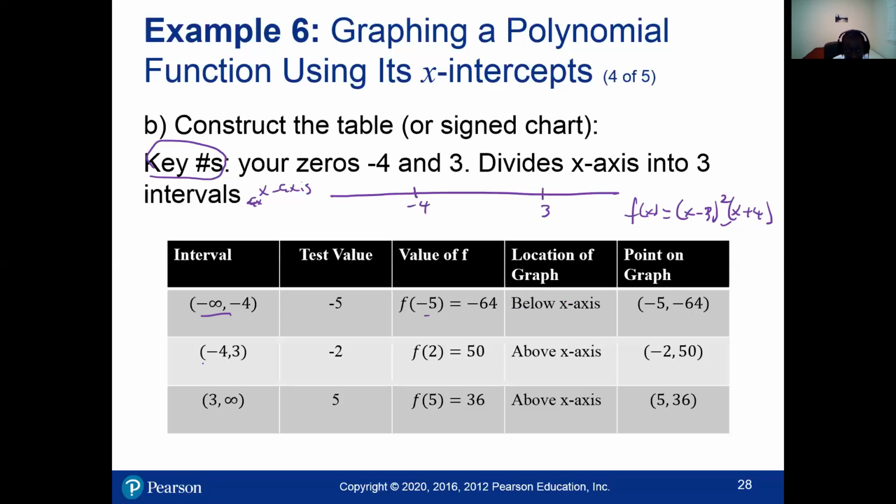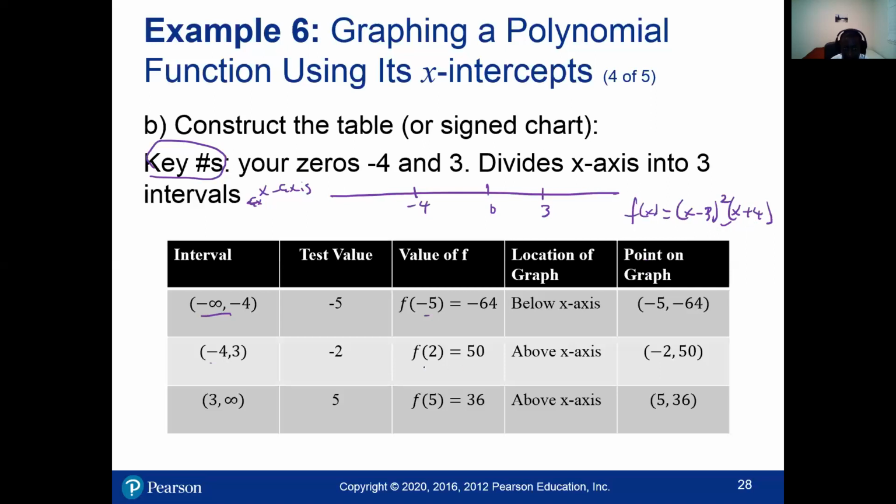On the other hand, if you look at the interval between -4 and 3, you can use any value within that. If I use 0, just like the y-intercept, you get 36.